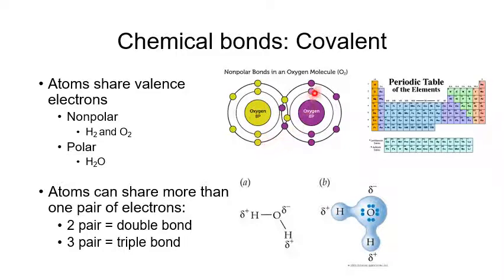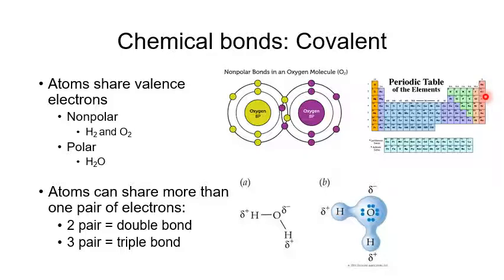So you can see this oxygen atom is sharing 2 electrons with this oxygen atom, and this oxygen atom is sharing its 2 electrons vice versa. So now these oxygen atoms are stable since they are sharing those electrons, which allows them to fill out those shells.